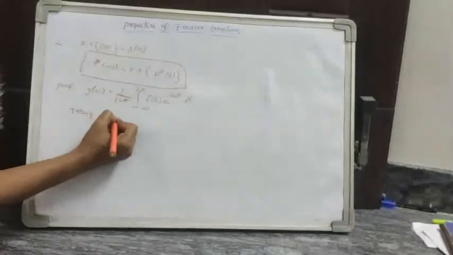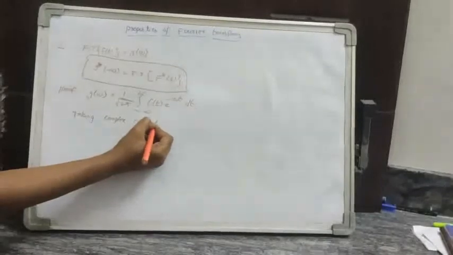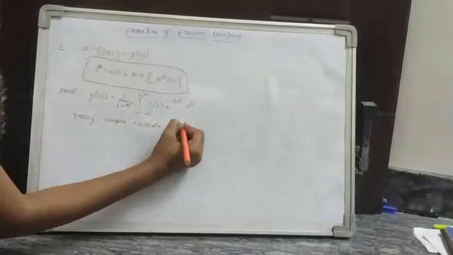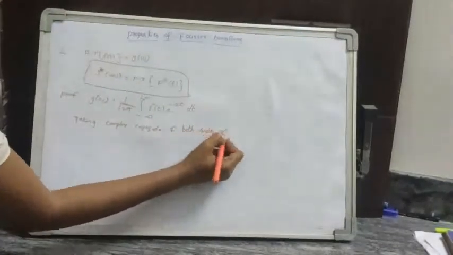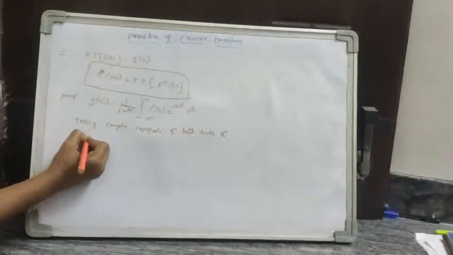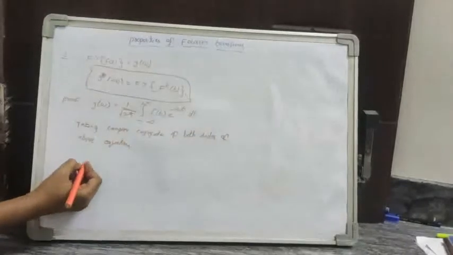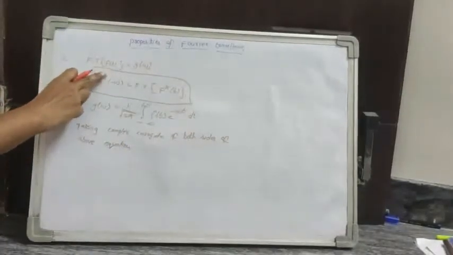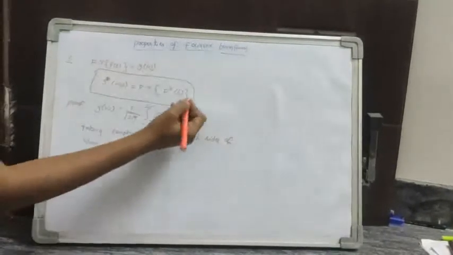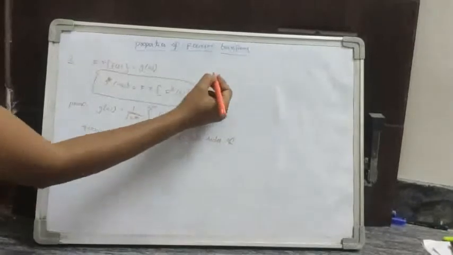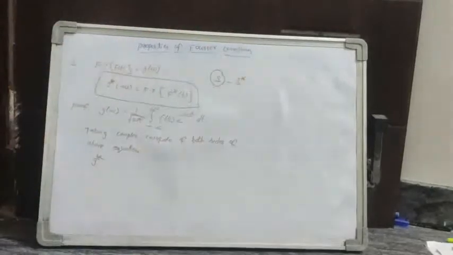Complex conjugate is nothing but star. For example, if you consider any parameter s, its complex conjugate is s star.